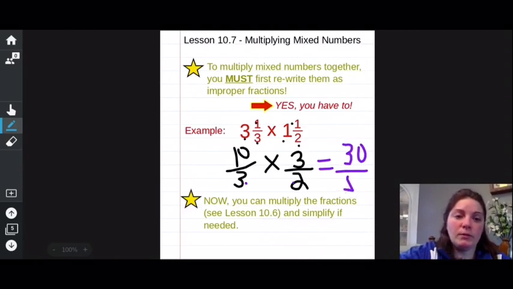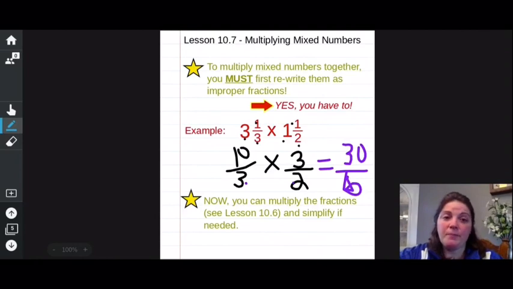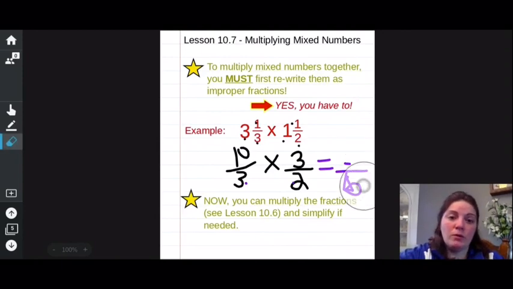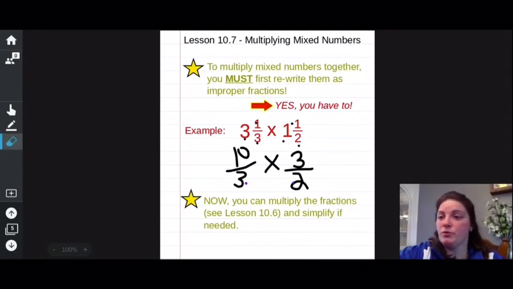Ooh, that's ugly. There we go. And simplify. 30/6 is the same as 30 divided by 6. And 30 divided by 6 is 5. So our answer is 5 when it's in simplest form.